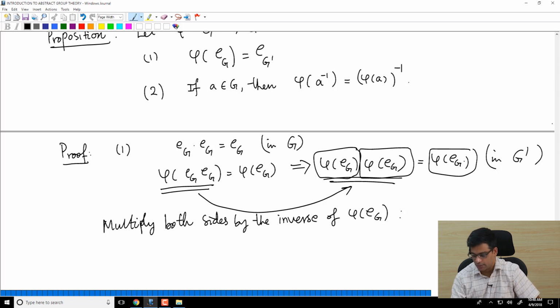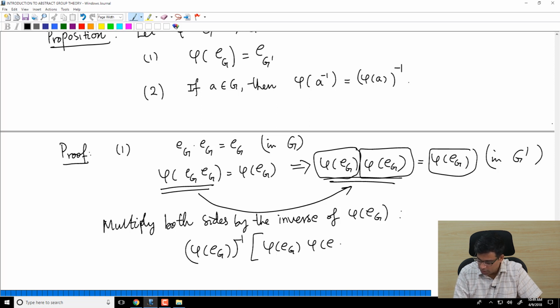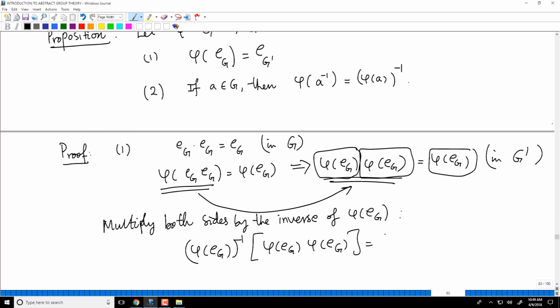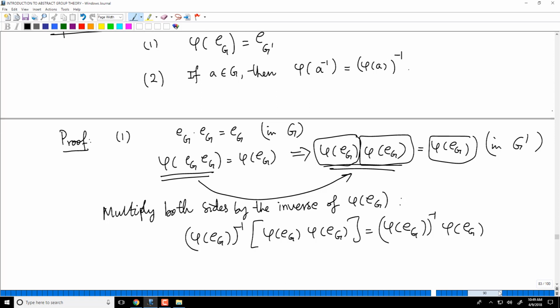They all happen to be the same element, but you can multiply by the inverse. So phi of E_G inverse times phi of E_G times phi of E_G is phi of E_G inverse times phi of E_G. When you multiply out, you get this.